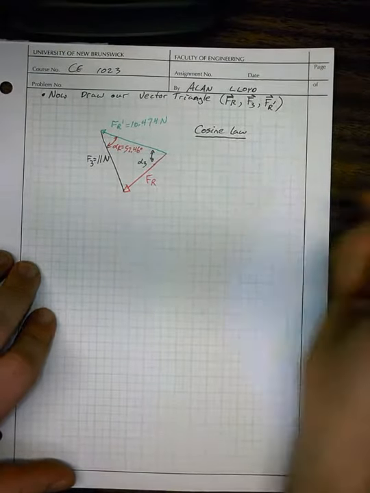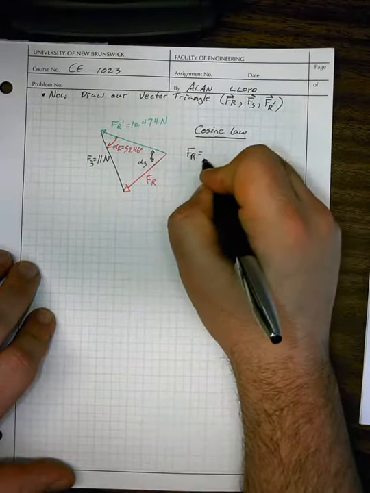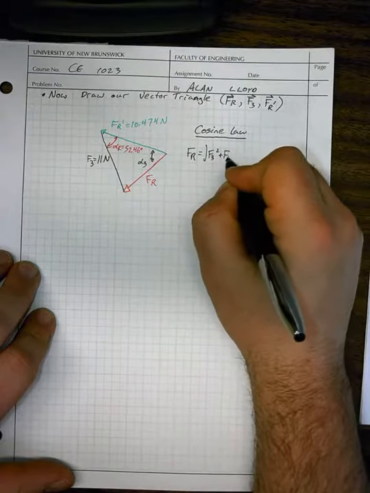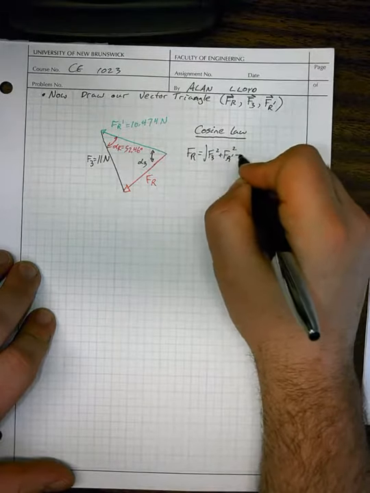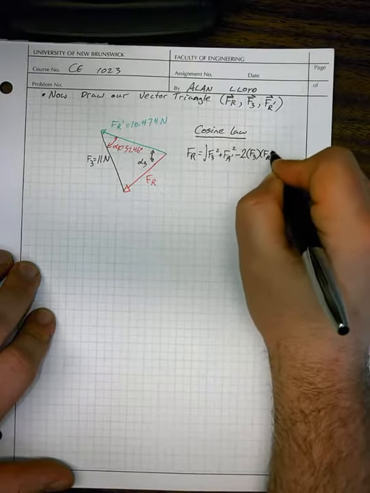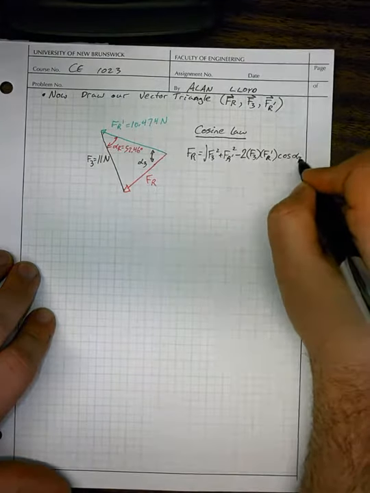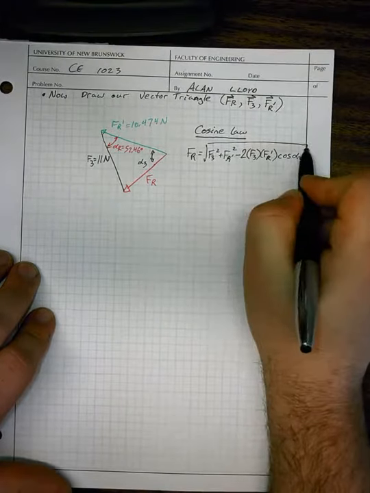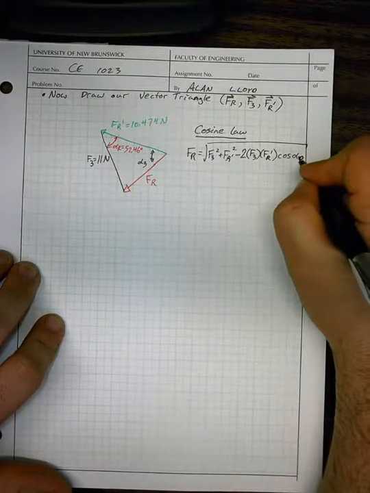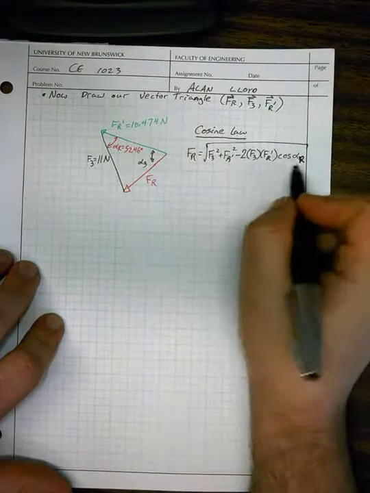So we can say that FR is equal to the root of F3 squared plus FR prime squared minus 2 F3 FR prime cosine alpha R. And we know every term under the root, so we can solve for this.